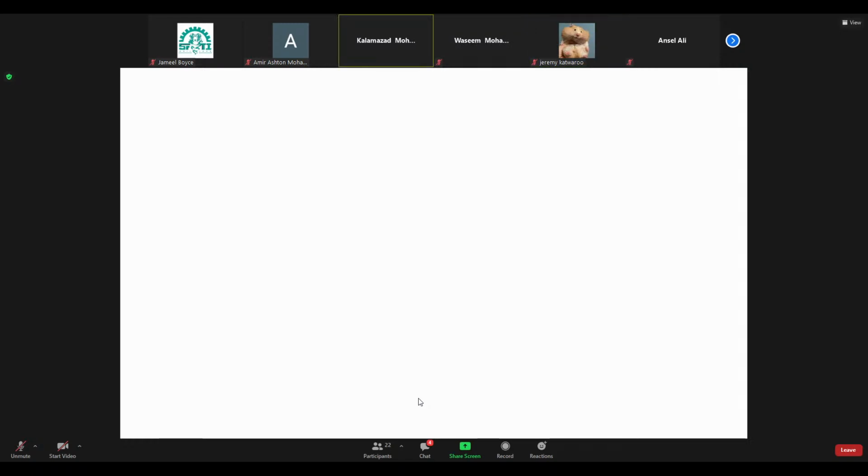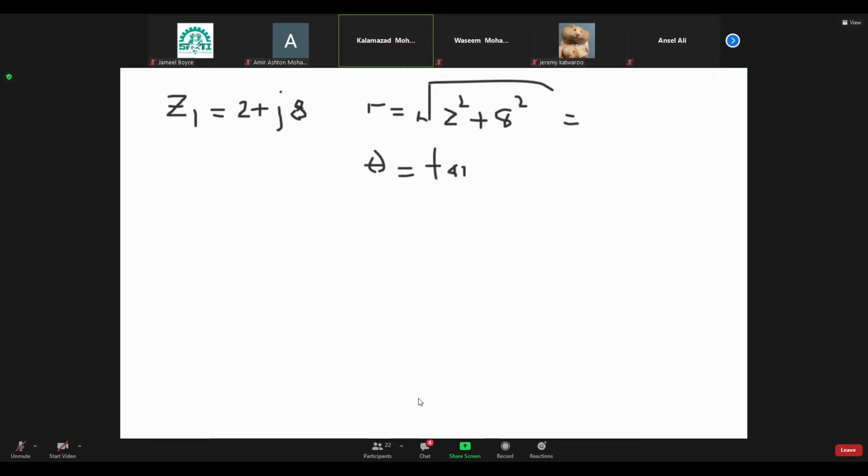All right. So the one Z1 is equal to 2 plus J8. All right. So R will be the square root of 2 squared plus 8 squared. And theta, tan inverse 8 over 2.